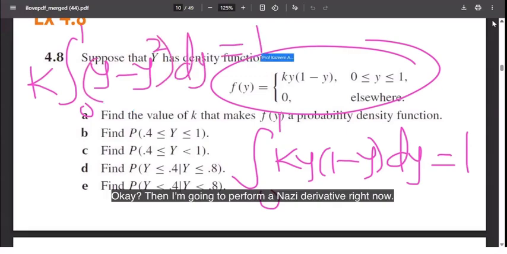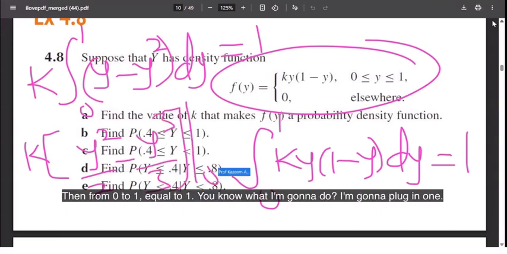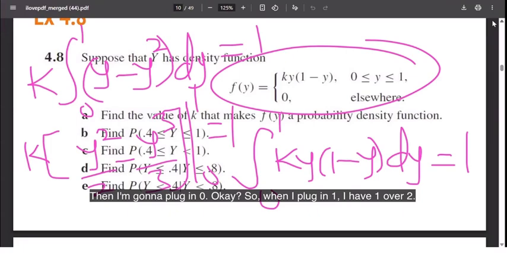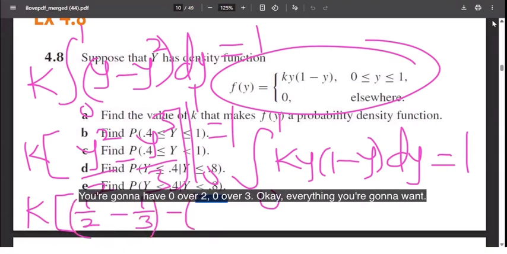Then I'm going to perform an antiderivative. So it's going to be y to the power 2 divided by 2, minus y to the power 3 divided by 3, from 0 to 1, equal to 1. I'm going to plug in 1, then plug in 0. When I plug in 1, I have 1 over 2 minus 1 over 3. Of course, when you plug in 0, you're going to have 0 over 2, 0 over 3. Everything equal to 1.